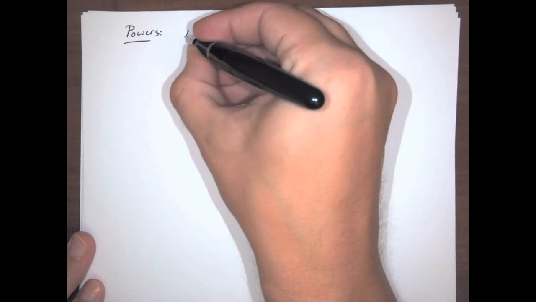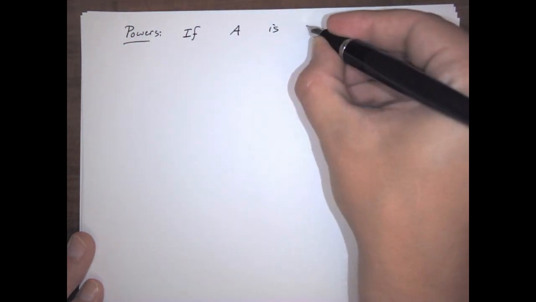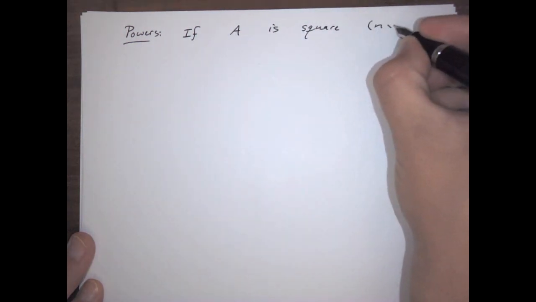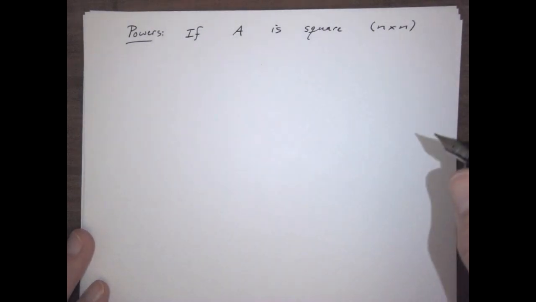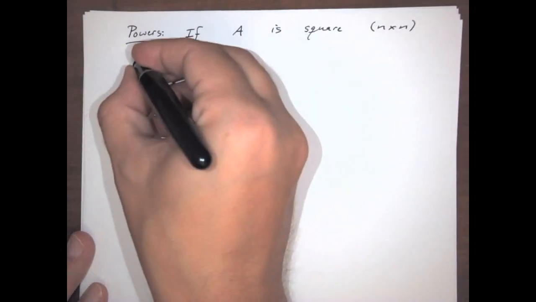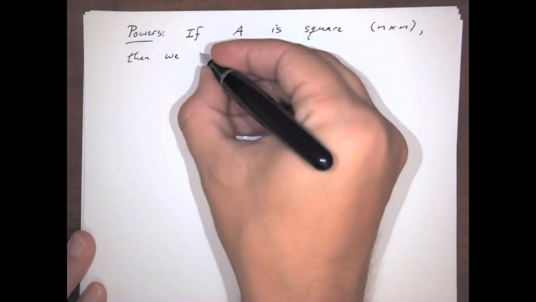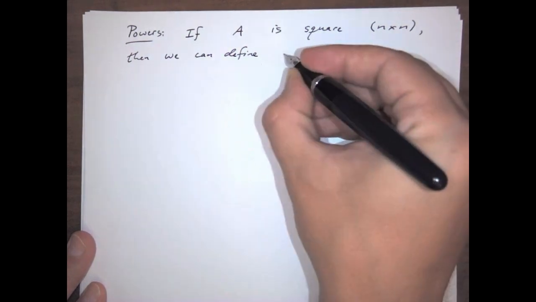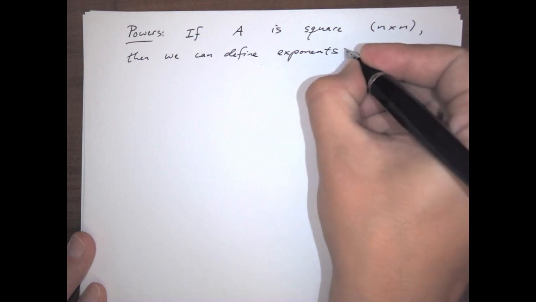If A is square, in other words, N by N, so same number of rows and columns, then we can define exponents.